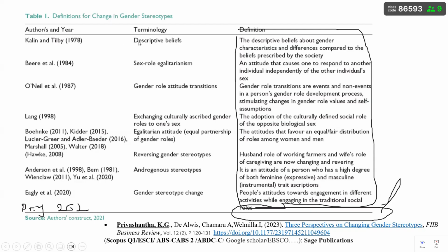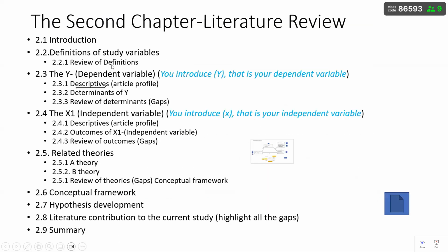In 1978, gender stereotype change was defined like this, but in 2020, that definition may not be relevant. In that case, you need to develop your own definition. That's how you review definitions. Then normally the dependent variable, the problem, is taken first in order to provide definitions. Then the reviewing of determinants can be provided, simply gaps.